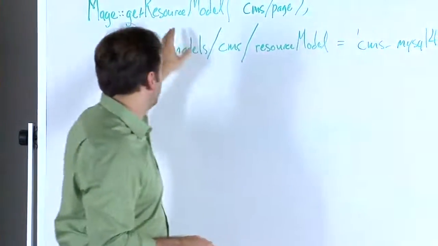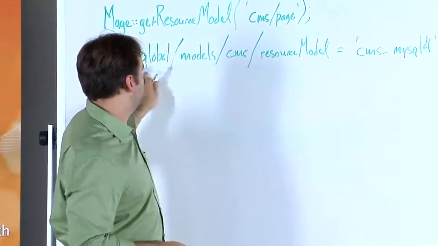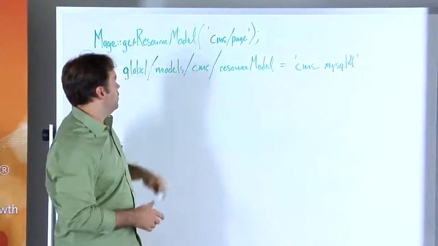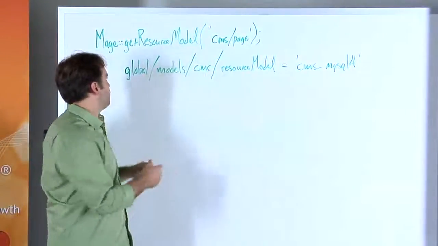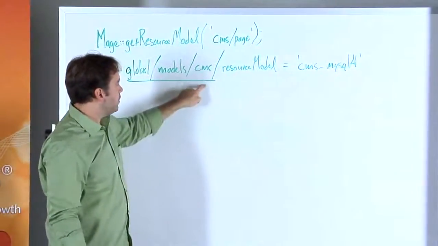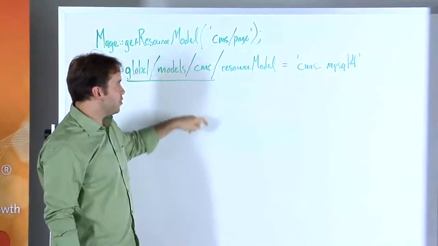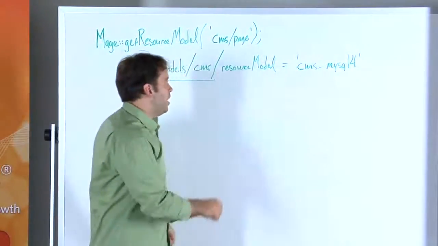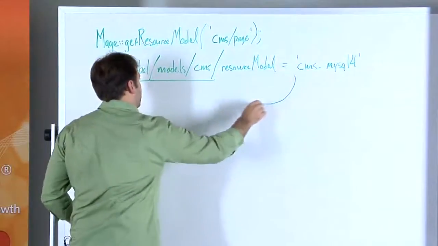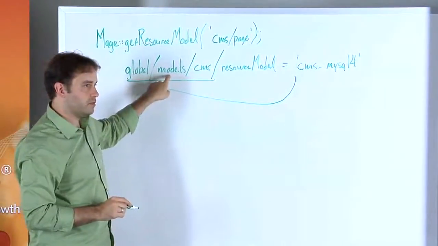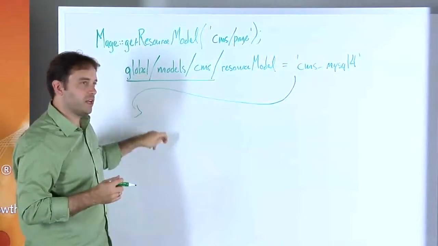Because what happens with get resource model is, first we look here, global, because the config object takes CMS and matches it up to here. But then, because we're looking for a resource model, we look in the resource model node, get this string value, and then internally pass that back into another function that we use for models to get the model group class name.